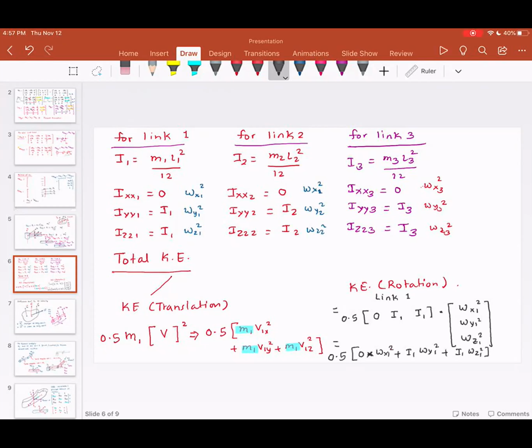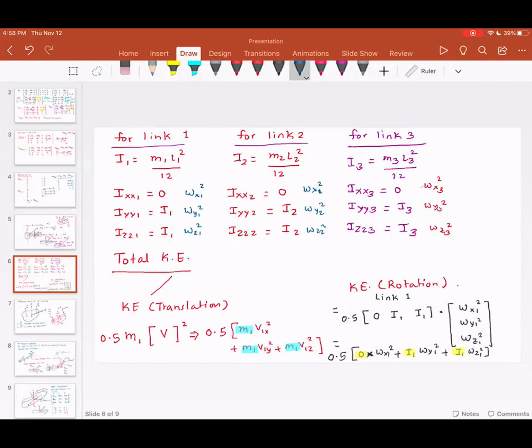The difference here, and this is very important, is that the terms multiplying the angular velocities in the x direction, y direction, and z direction are different.